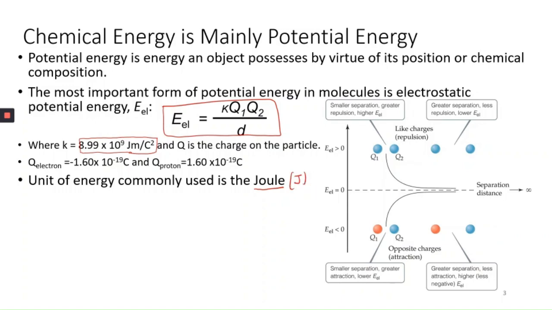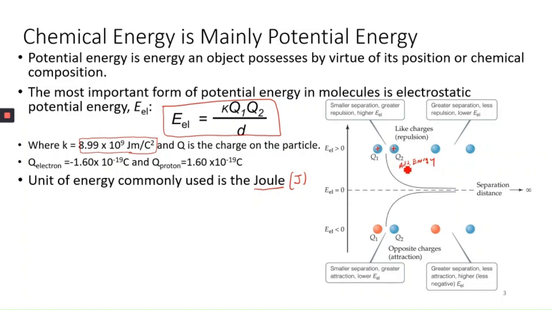If you look at this diagram right here, if you have two particles that have the same charges, so let's just say we have two protons, and we are bringing them close together, they're going to repel each other. So in order to keep them close together, we have to add energy to force them to be close together.